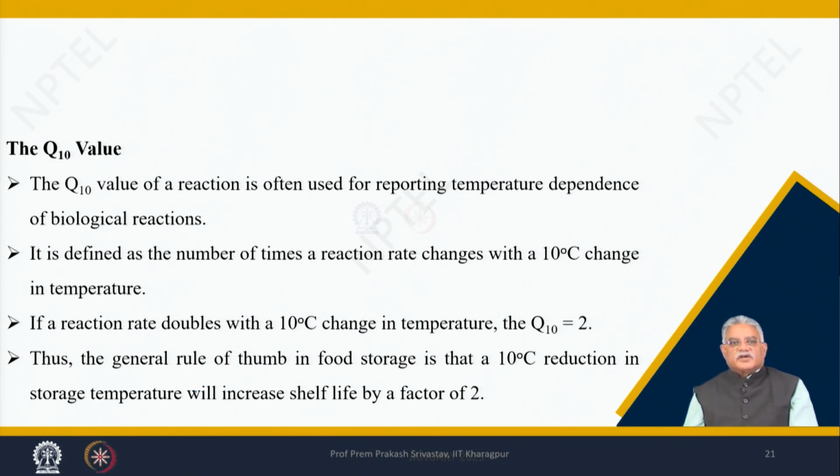If a reaction rate doubles with a 10 degrees Celsius change in temperature, the Q10 is equal to 2. Thus, the general rule of thumb in food storage is that a 10 degree reduction in storage temperature will increase shelf life by a factor of 2.